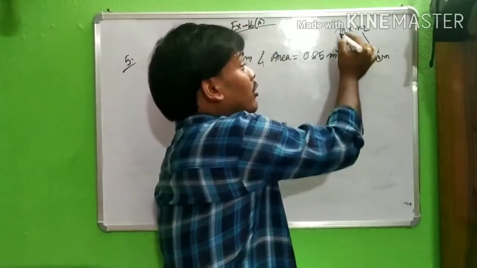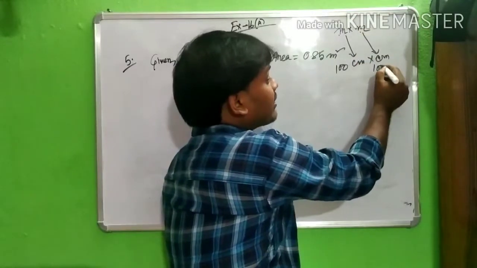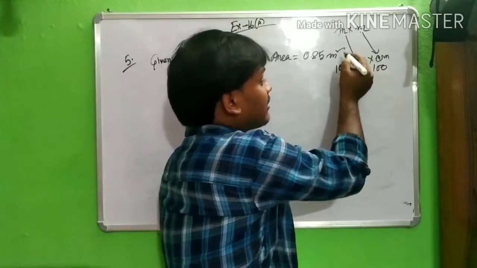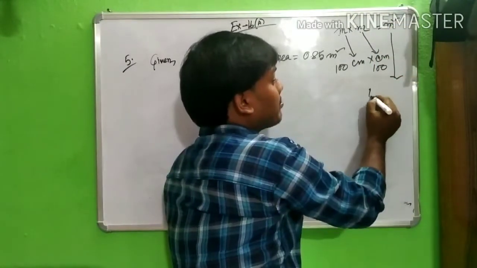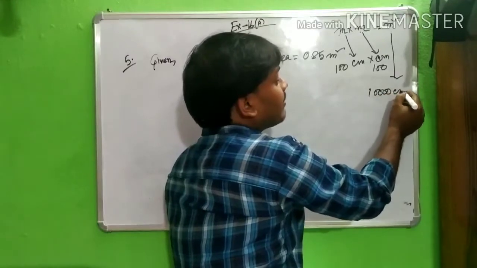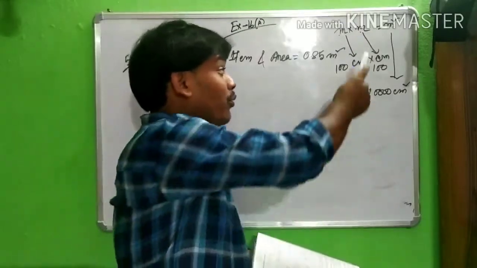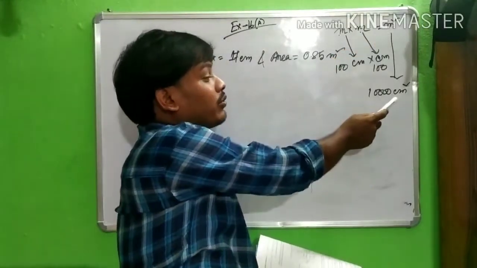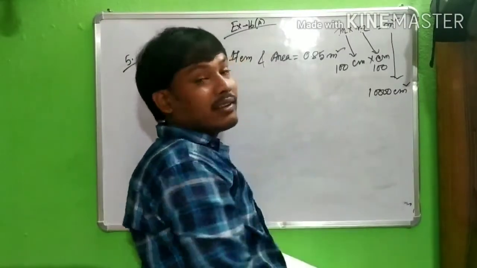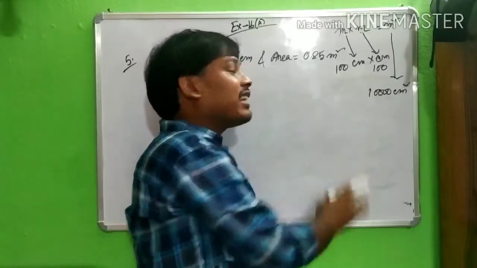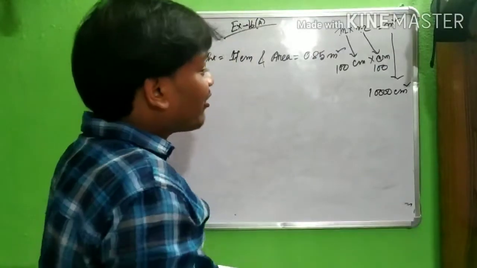Okay, so 1 meter equal to 100 centimeter and another 1 meter equal to 100 centimeter. That means 1 meter square equal to 10,000 centimeter square. That's why when we convert meter square to centimeter square, we must multiply by 10,000, not 100. If you multiply by 100, then your answer is absolutely wrong.